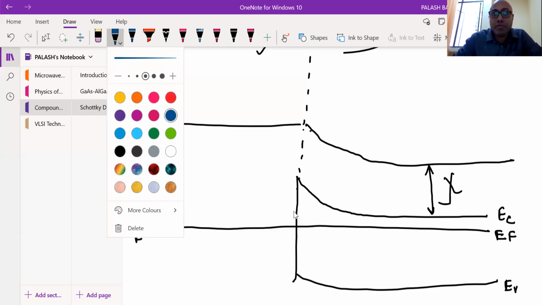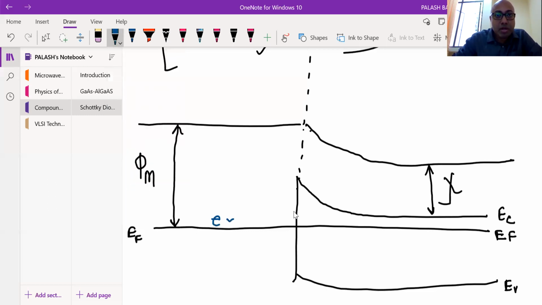If you have an electron here and it wants to go from the metal to the semiconductor side, it needs to cross this amount of energy.